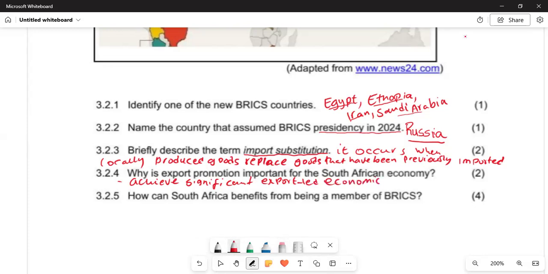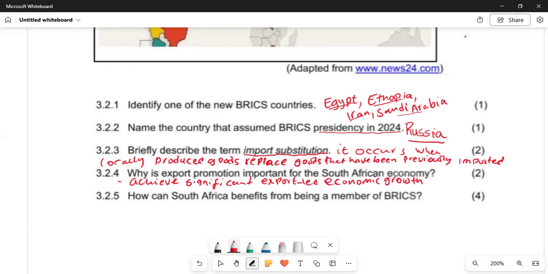Also, you can say export promotion enlarges the production capacity of the country, because the export markets are much bigger than local markets. So that is that.